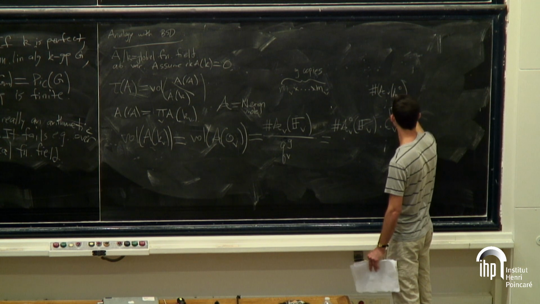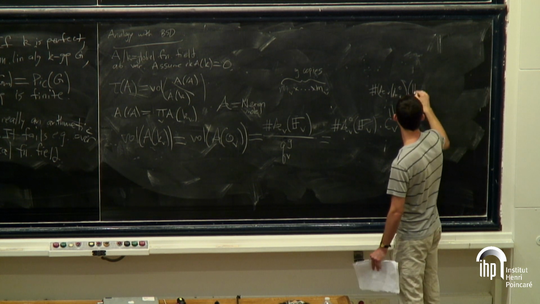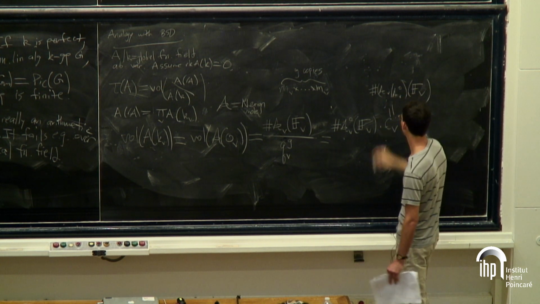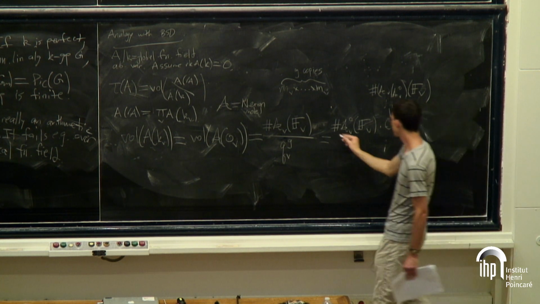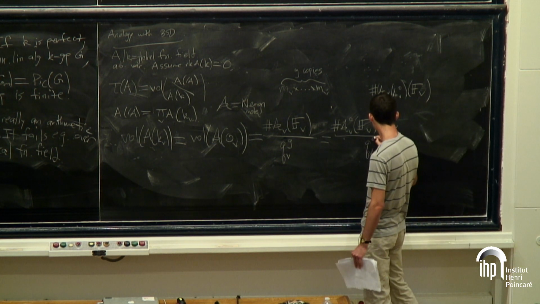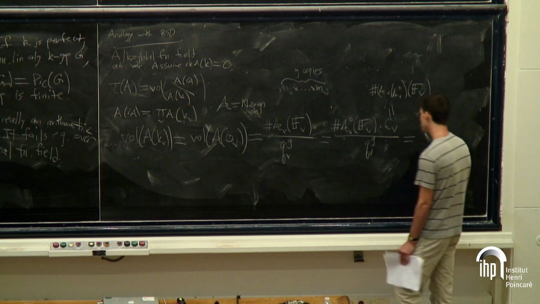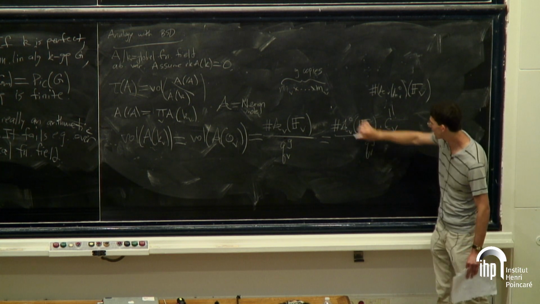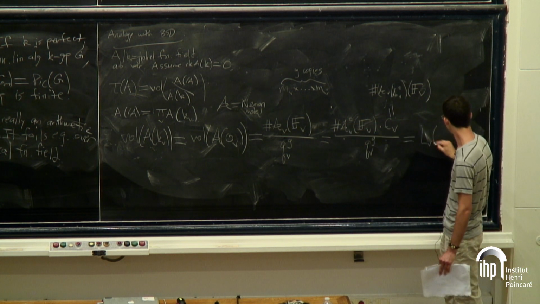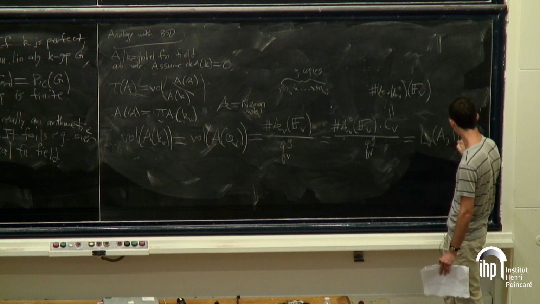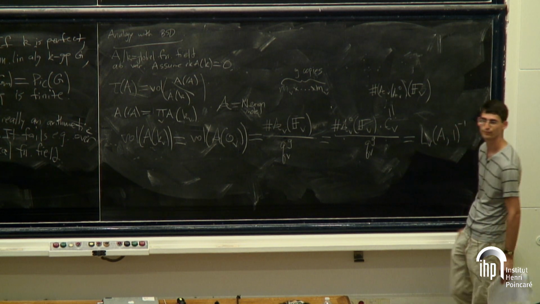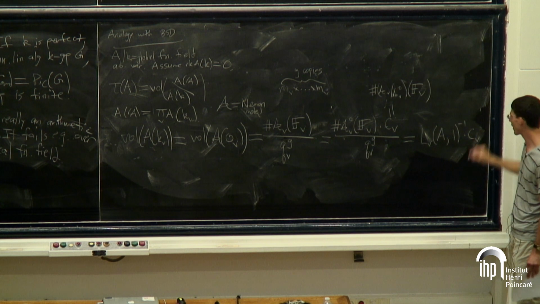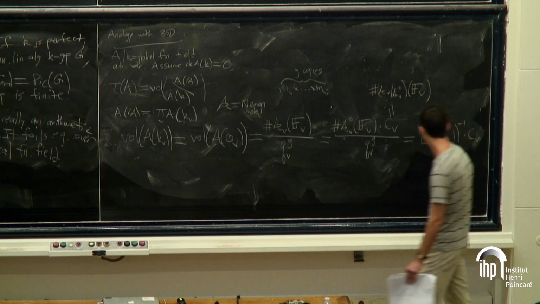So this is the étale component group, and you take its FV points. OK? So it's that divided by QV to the G. And it turns out that this number right here is none other than the local L factor of A evaluated at 1, but inverse, times this Tamagawa factor. OK?